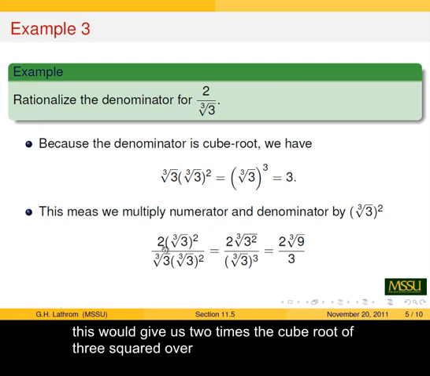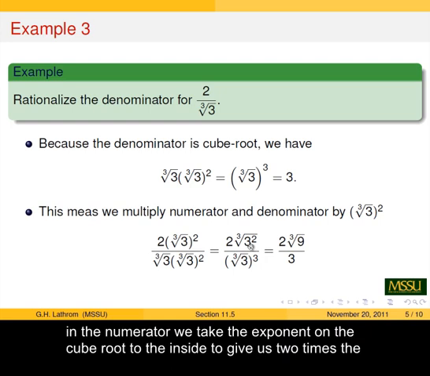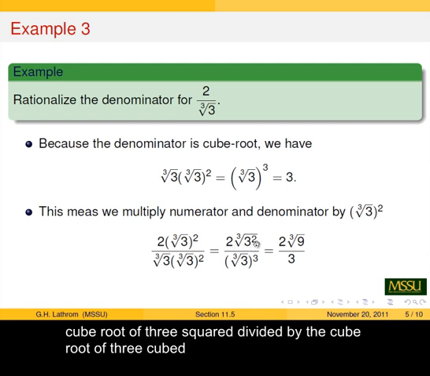This would give us 2 times the cube root of 3 squared over the cube root of 3 times the cube root of 3 squared. In the numerator, we take the exponent on the cube root to the inside to give us 2 times the cube root of 3 squared divided by the cube root of 3 cubed.